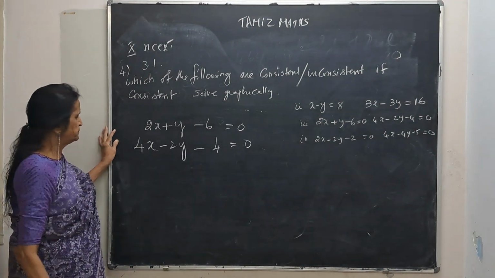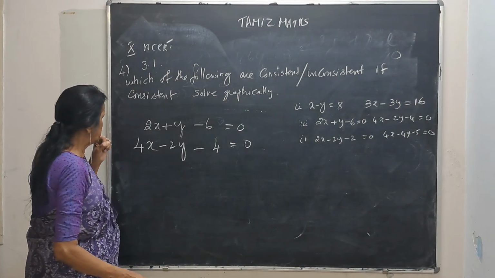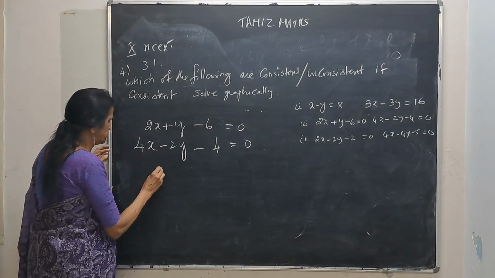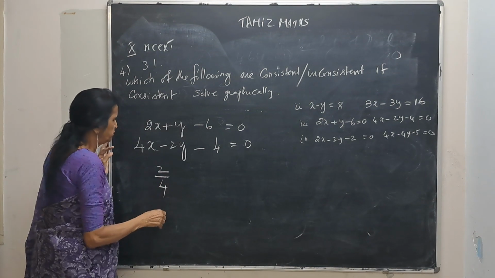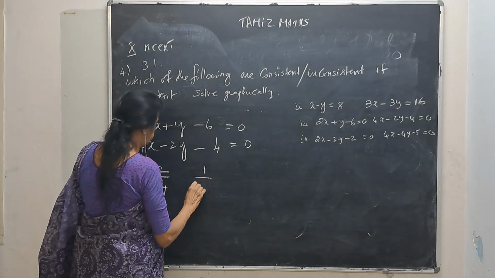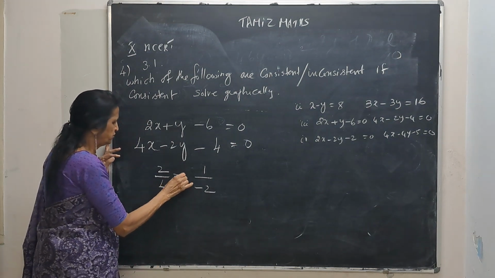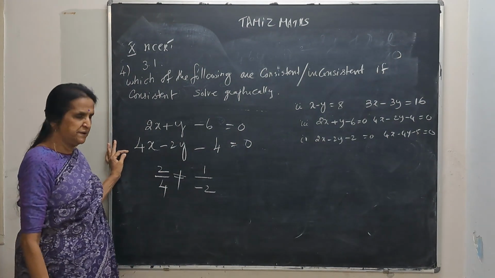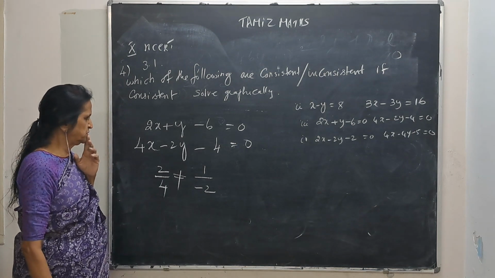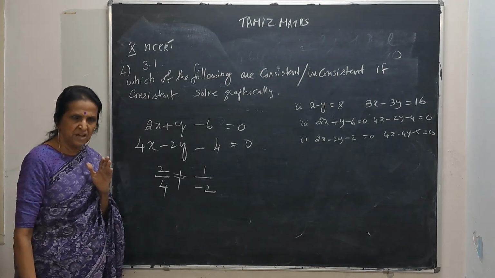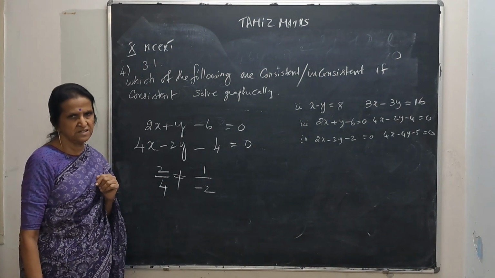We will see this. a1 by a2, b1 by b2. They are not equal now. a1 by a2 is not equal to b1 by b2. So it will have a unique solution. It is consistent with unique solution.